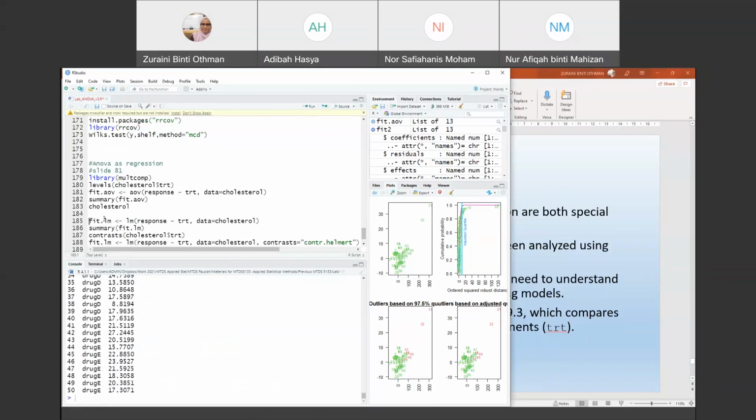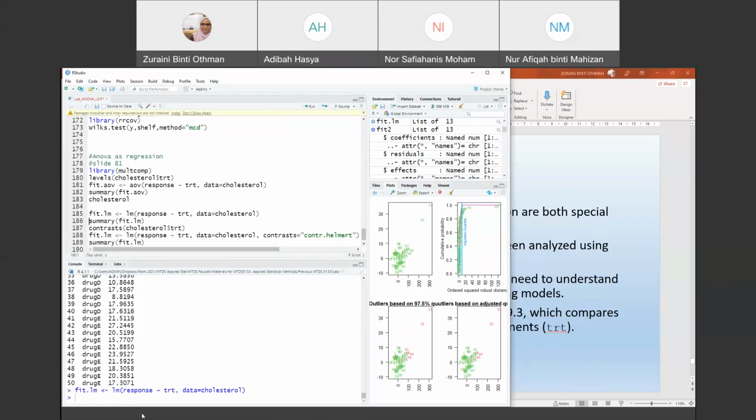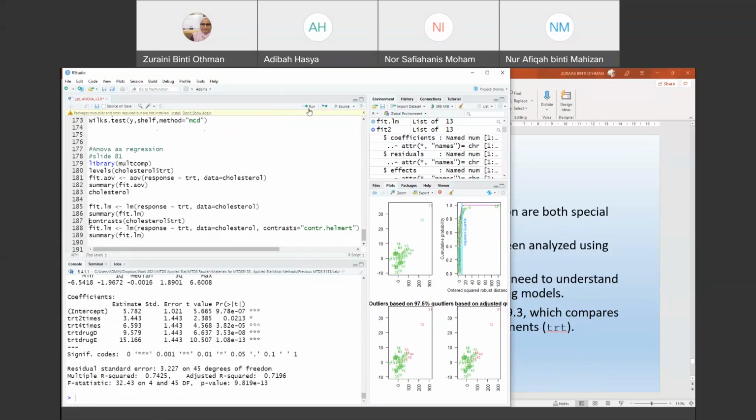And when we are using the linear model, kan, the difference dia. Okay, then we can see the summary dia macam mana. When we are using the linear model, yang ni ialah apa?